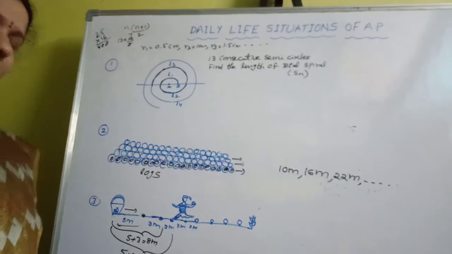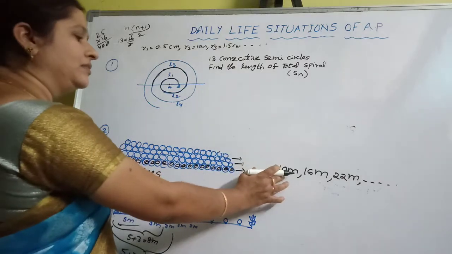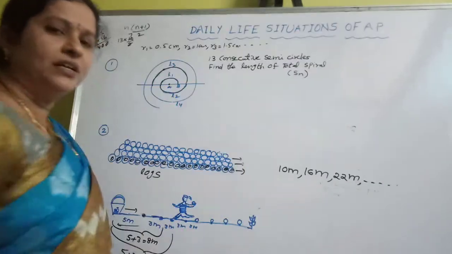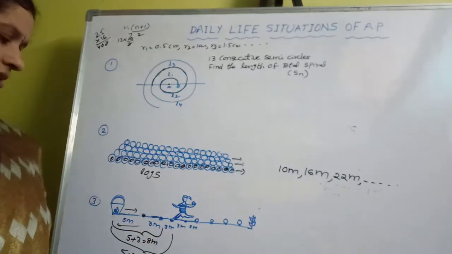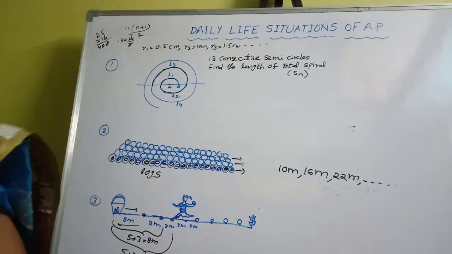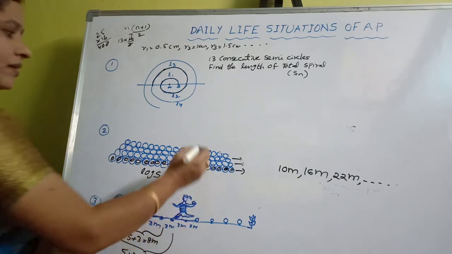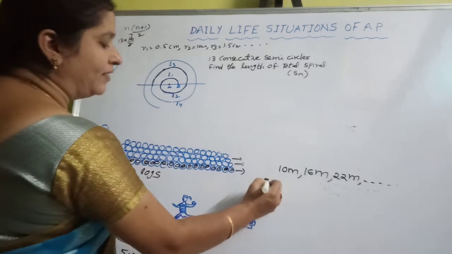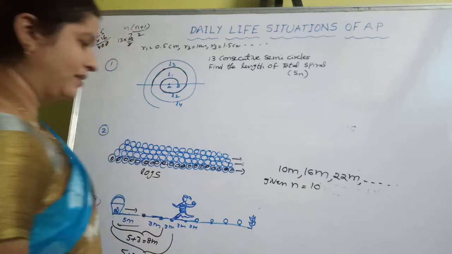What is the series of this question? First you have to frame the series. The first term is 10 meters, the second term 16 meters, the third term 22 meters. How many balls are given in this question? Number of balls n equal to 10. What is the question?